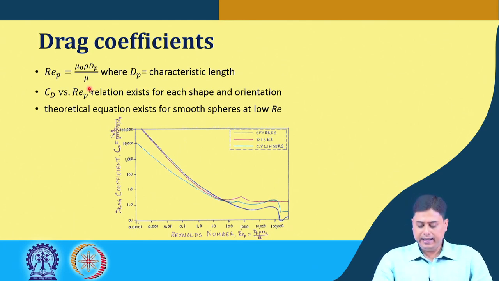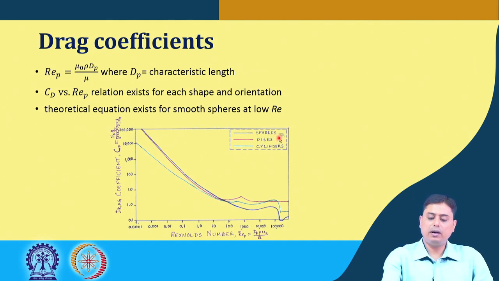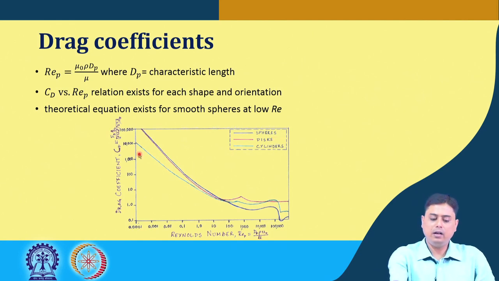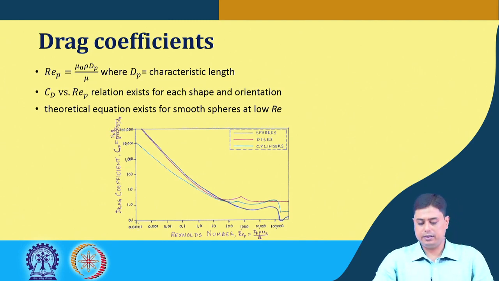Now this CD, the drag coefficient, and particle Reynolds number will have several relations for different shapes and orientations. So for example, for a particular orientation of a sphere, a cylinder and a disc in a fluid, this kind of relation between the drag coefficient and the Reynolds number exists.